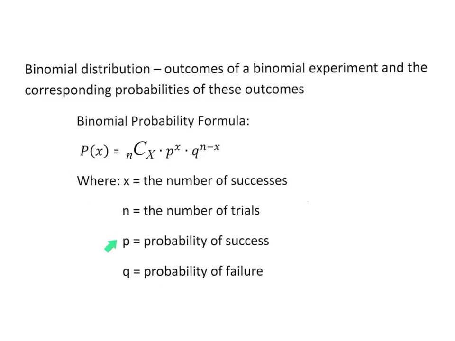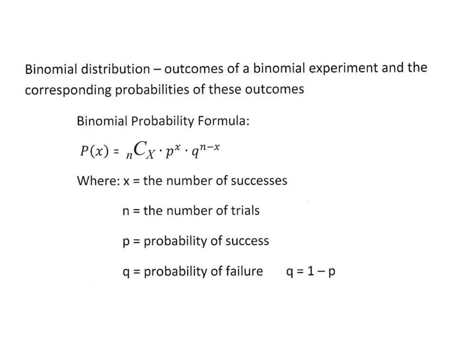So if I know the probability of success, I can find the probability of failure, and vice versa. Why? Because you just subtract it from 100%, or 1. The probability of failure is just 1 minus the probability of success. They are complementary events.